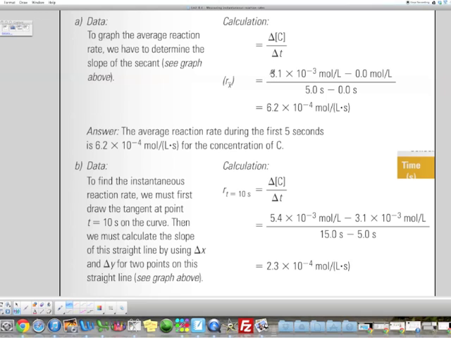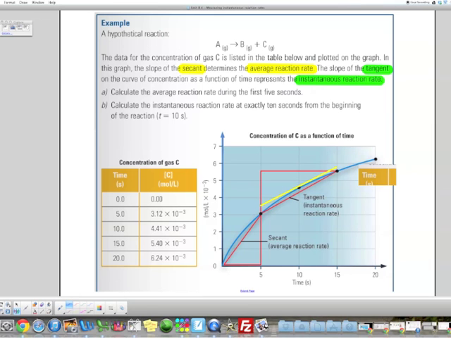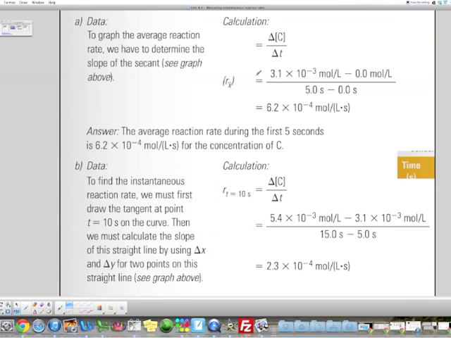We said at 5 seconds, the concentration was 3.1 times 10 to the negative 3 mole per liter. That is what the y-axis was indicating, that the concentration was times 10 to the negative 3. And at 0 seconds, we had no product, so 0 mole per liter. So delta concentration over delta time gives me the rate or the speed of reaction, which is the following.